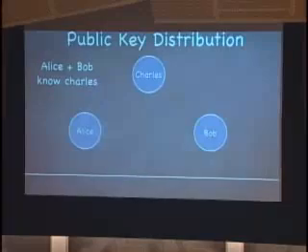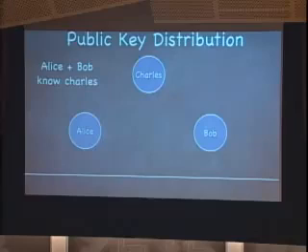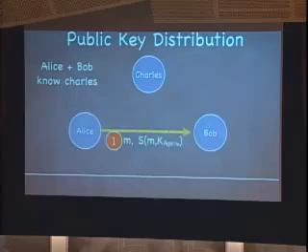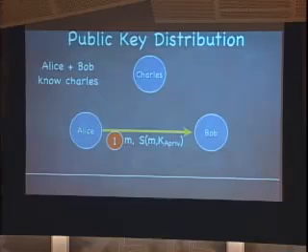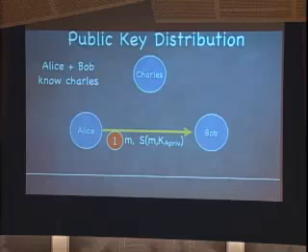Let's suppose that Alice and Bob know and trust Charles, so they've already somehow exchanged information with Charles, exchanged keys with him. Now suppose that Alice wants to send a message to Bob. What she does is she sends this message and she signs the message using her private key.